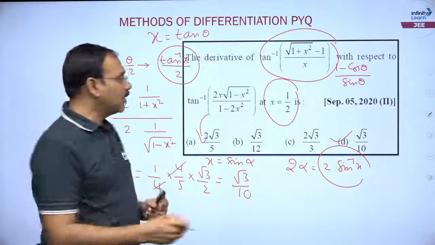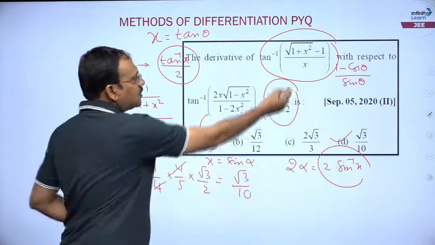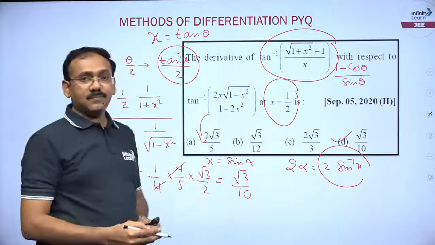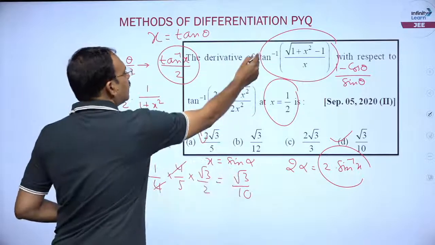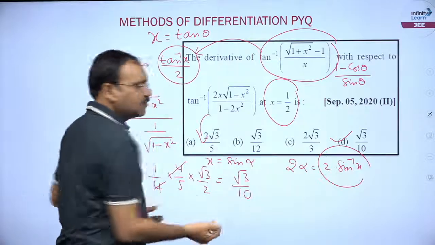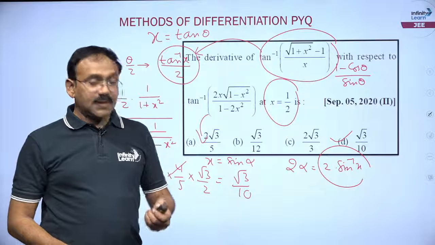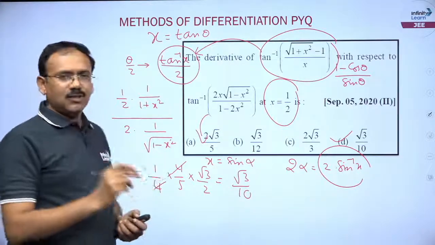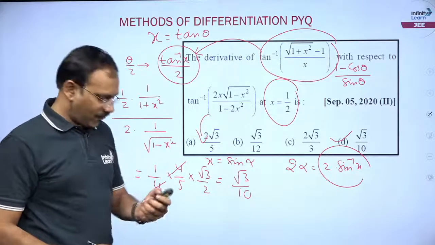And third point, you need not give the same substitution. Here you see I have given x is tan theta, here I have given x is sin alpha. You can give separate. Ultimately this function is simplified like this, second function is simplified like this. So you can take the derivative. Clear, dear students? The problem is a bit time taking. I can say it may take 2 to 3 minutes in the exam, but no issue, you can do it. Okay, fine.